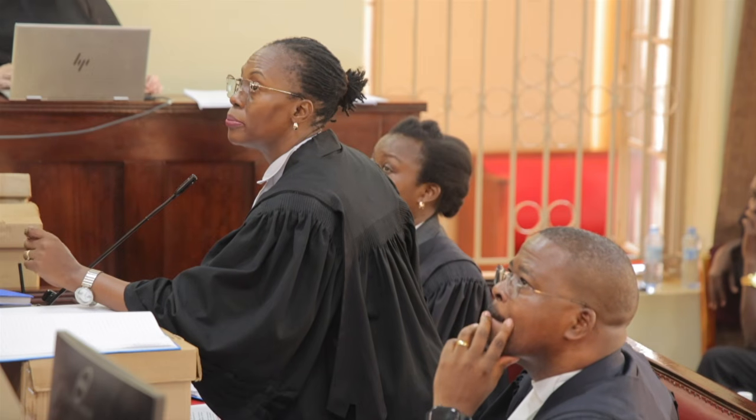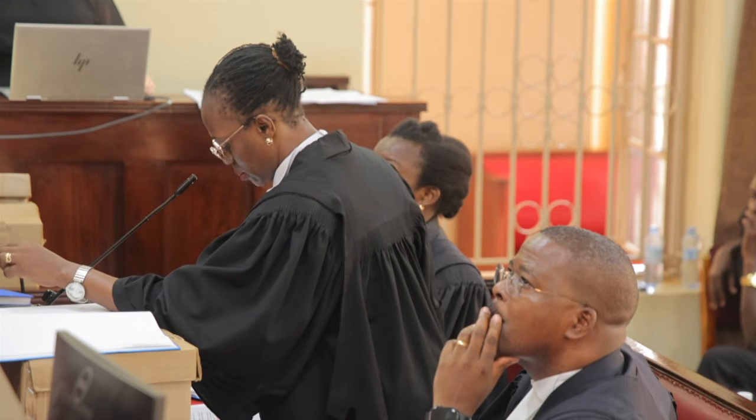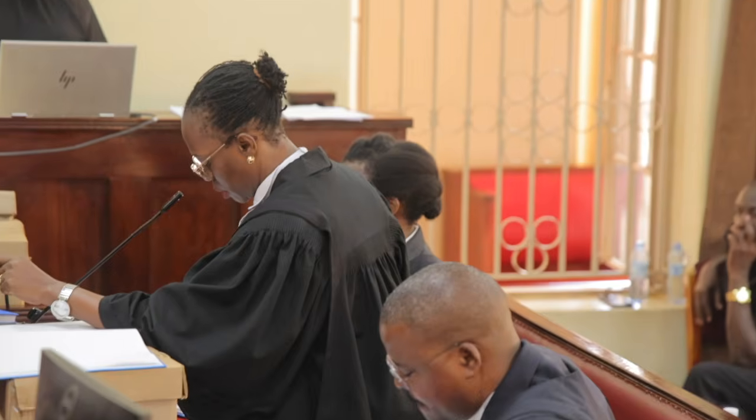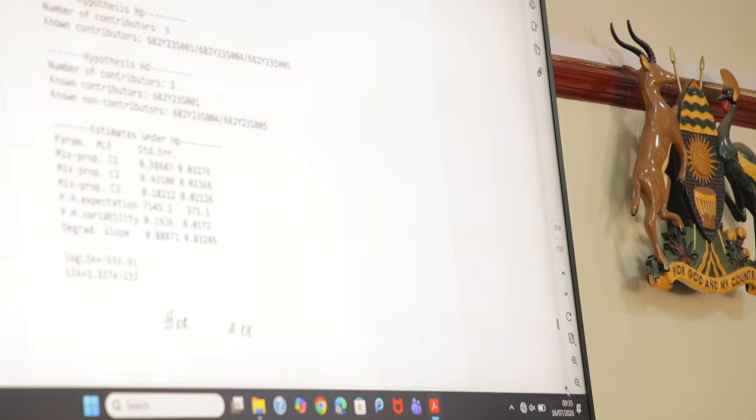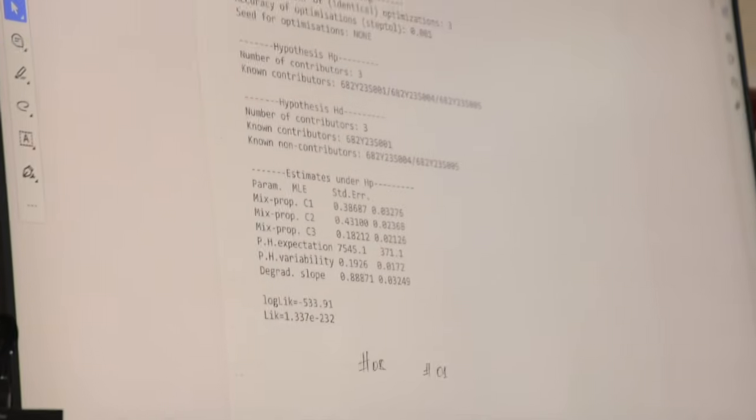C1 is for Henry. Yes. C2 is for Molly. Yes. And C3 is Patricia. Yes. This is the sample of the trigger and trigger house. Yes.